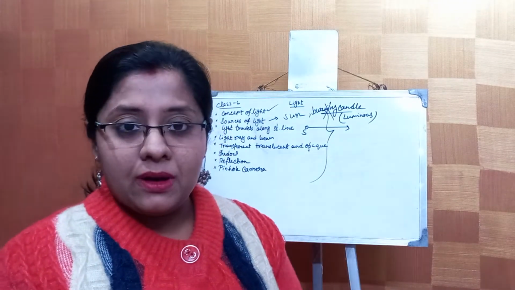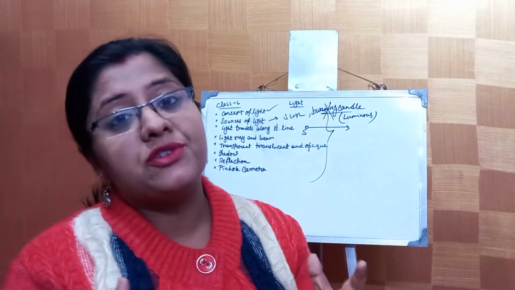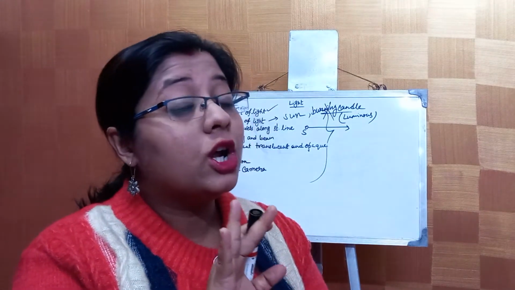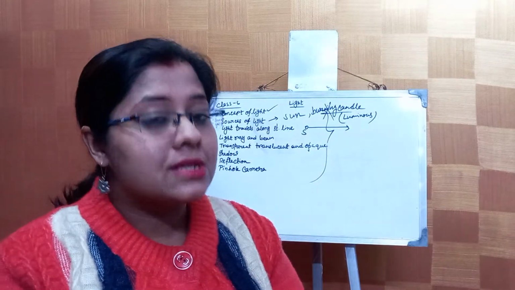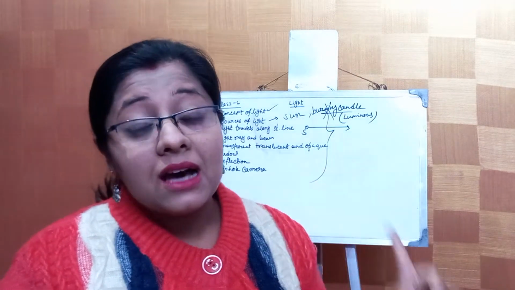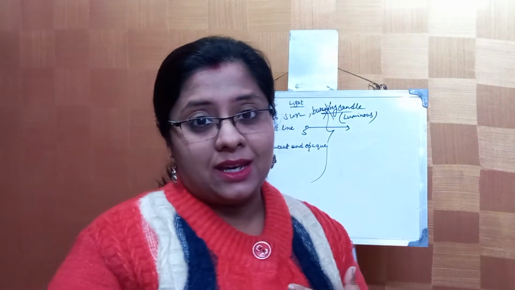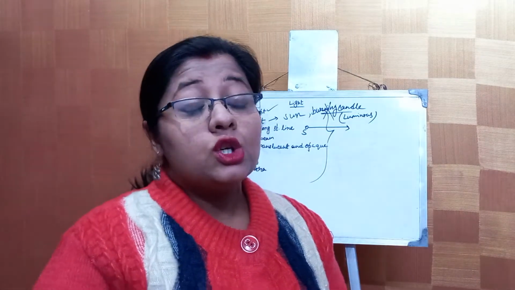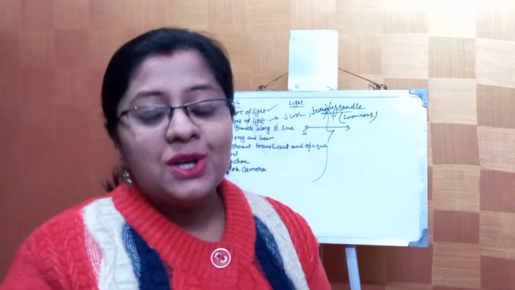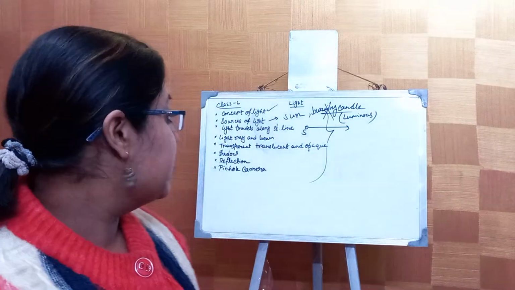So butter paper or the broken glass, this kind of objects or materials allow the light to pass through it, but not 100%, partially. This is translucent. And the last one is opaque, like wood, stone, plastic, hard plastic definitely. So the materials that will not allow the light at all to pass through it are to be called opaque objects or opaque materials.